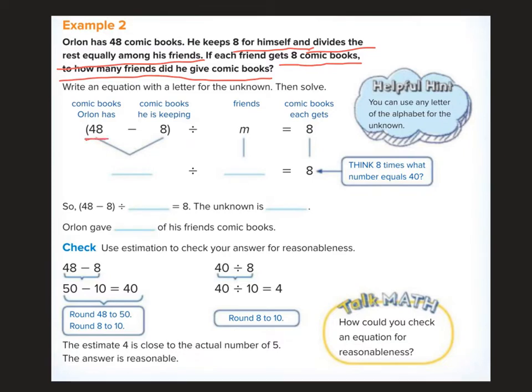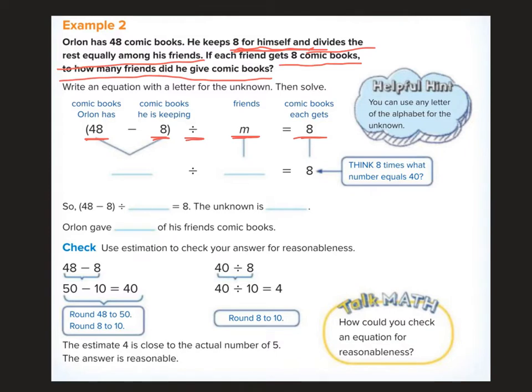He has 48. And then we know he's going to keep 8 for himself, so I have to subtract the 8. Then I'm going to divide whatever's left over by his number of friends. And I know that that's going to give each one 8 comic books.